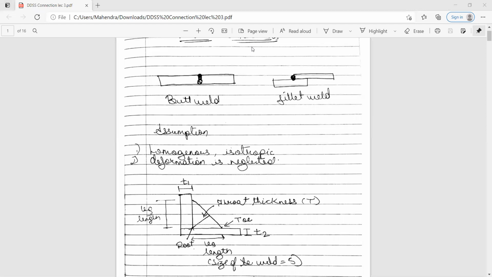While designing the sums for the welded connection, we are not going to consider any deformation, whether due to temperature change, deflection or external stress. Okay, ma'am.